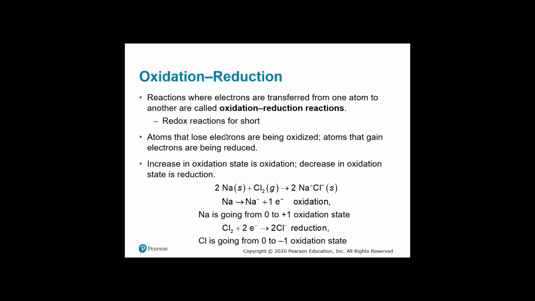Some of this is repeat just because I'm trying to make sure it sits in. An increase in oxidation state is oxidation. A decrease in oxidation state is reduction. So if we look at these here, I'm going to give some examples. This is why I'm breaking this up into two sections. So we have here a regular equation. We need to pull out, which is what we will do in my second video for this section.